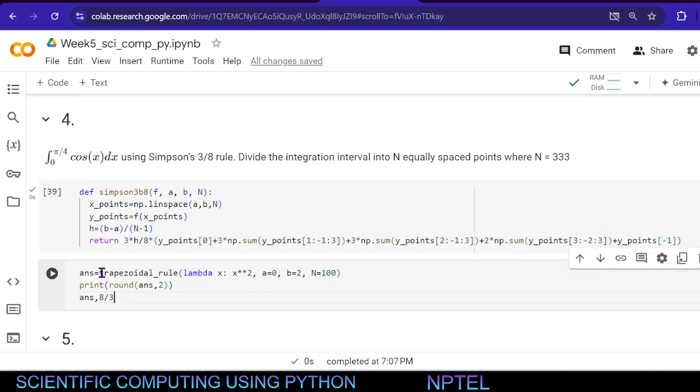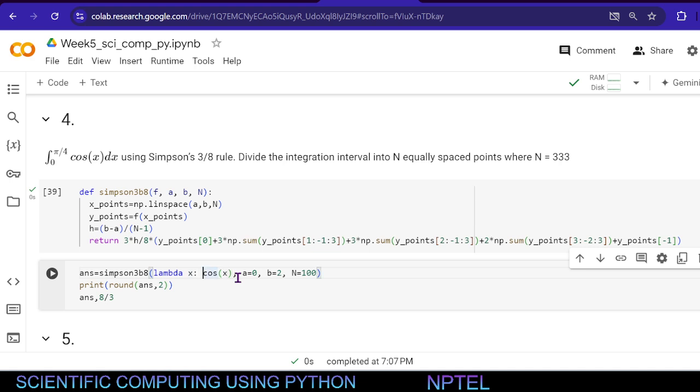Alright, so instead of trapezoidal rule, we are doing Simpson 3 by 8, and the nameless function is cosine of x, right?